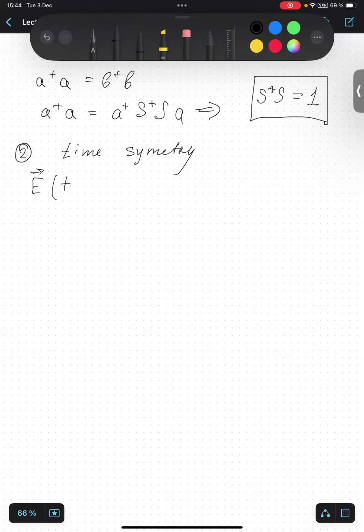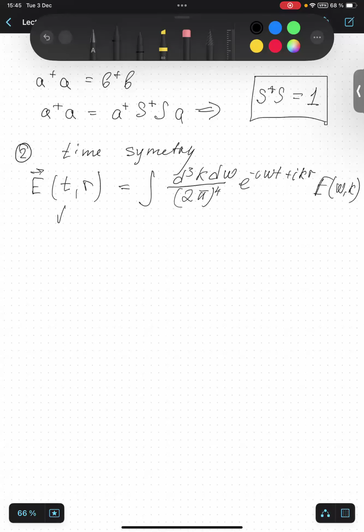So the electric field as a function of time and space is just the integral d omega over 2 pi of d^3k over (2 pi)^3 and our plane waves, E(omega, k).